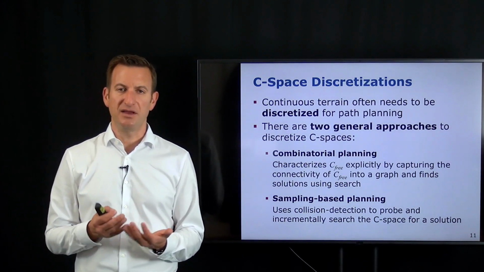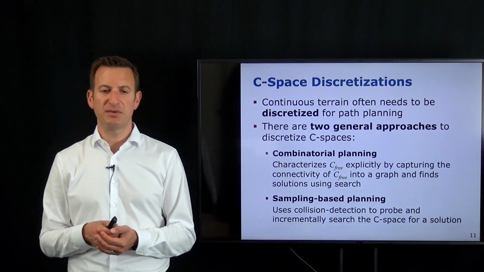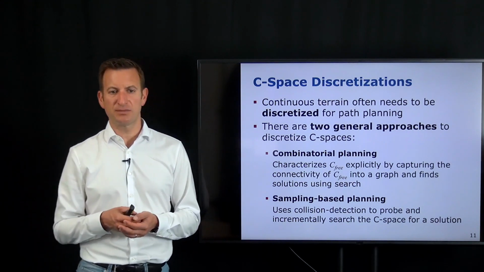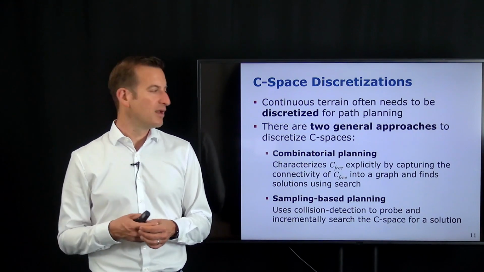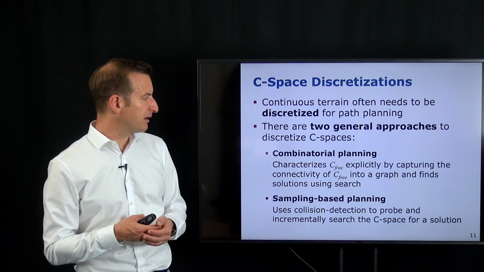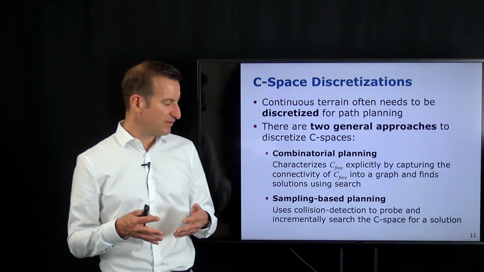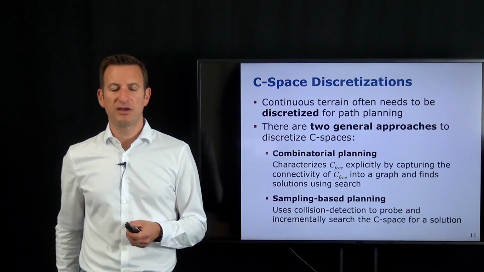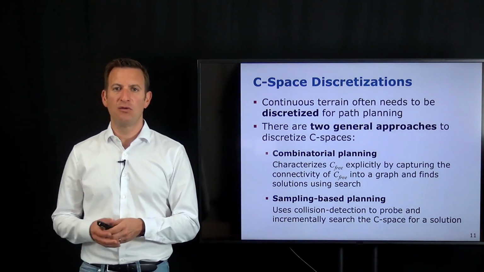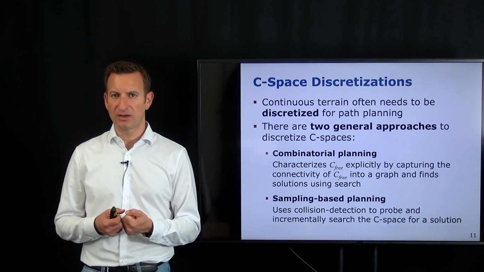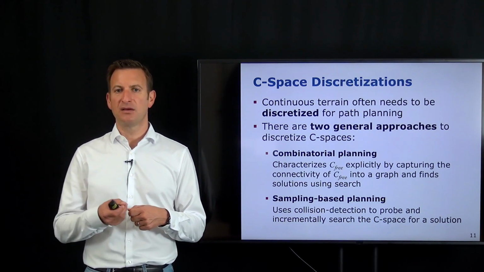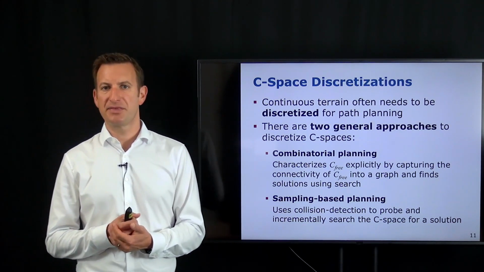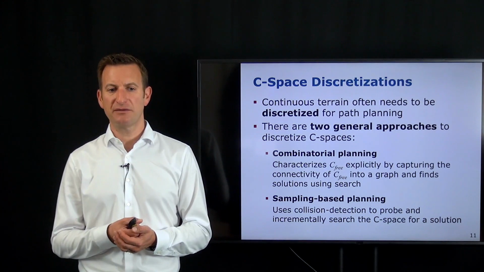Again, as I said, the state space, or the configuration space, sorry, is typically discretized for the planning problem, and there are in general two different approaches for how we can do this. The one is so-called combinatorial planning approaches, where we are basically using the uniform grid that I've shown before, generating nodes for every possible location the system can be in, then connecting those neighboring nodes and trying to find a path or perform a search in this graph.